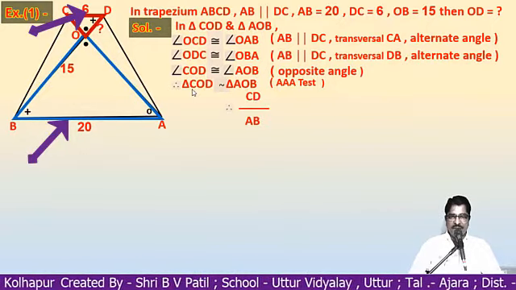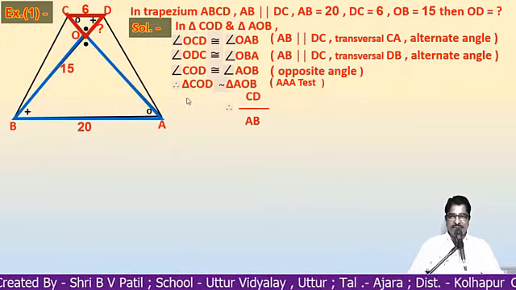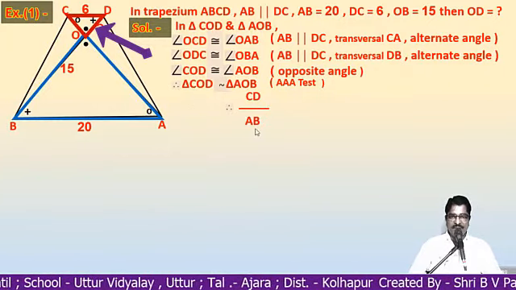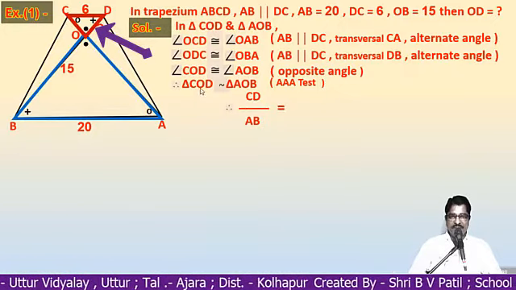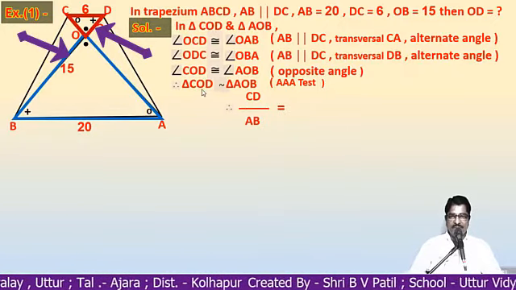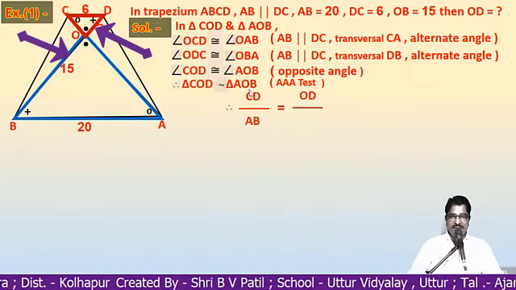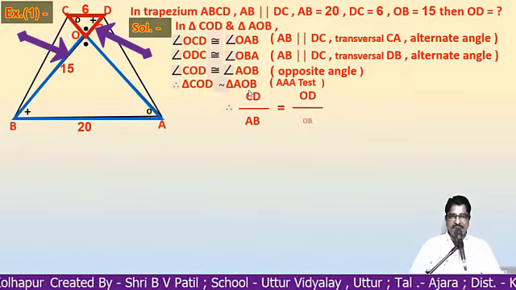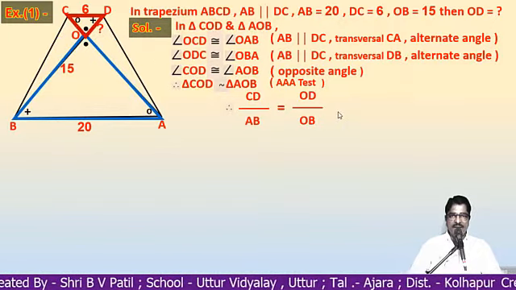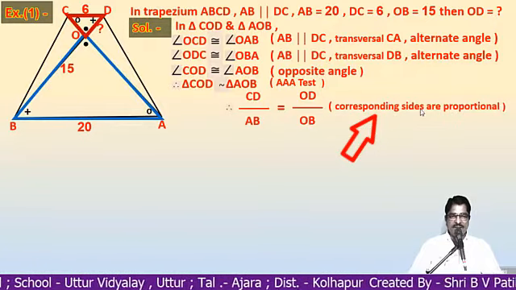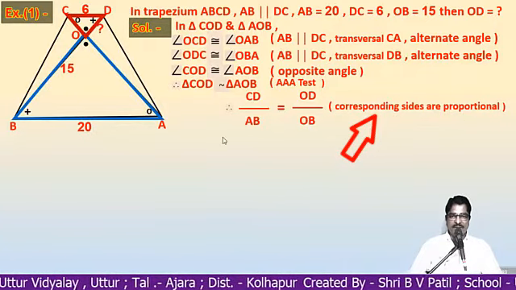First and second would be CO, but CO is not given, therefore we consider first and third, equal to second and third, OD, which is the asked question, divided by OB. The reason is corresponding sides are proportional.